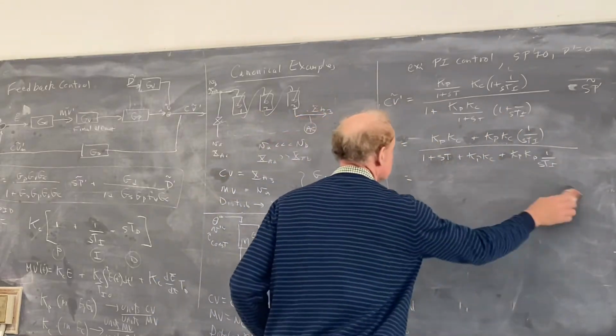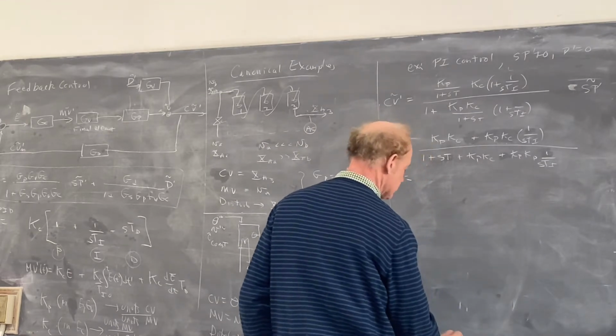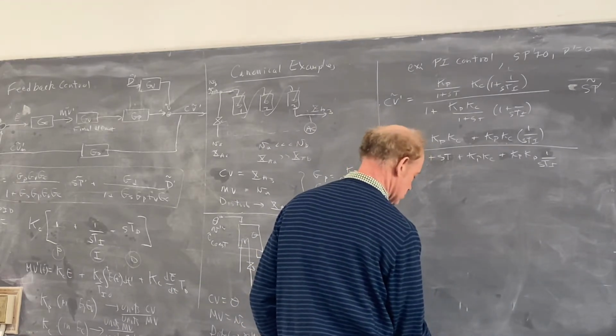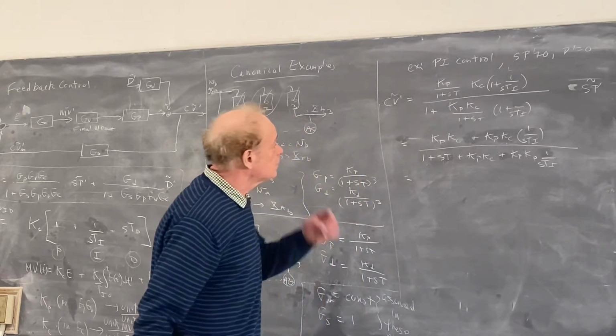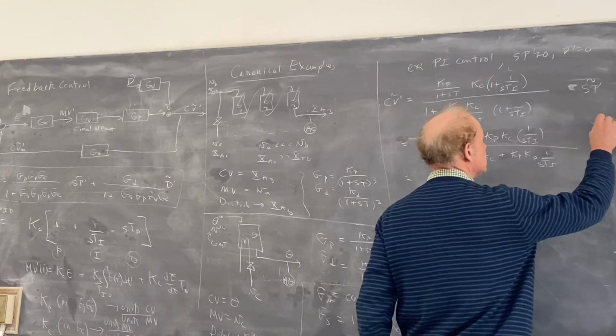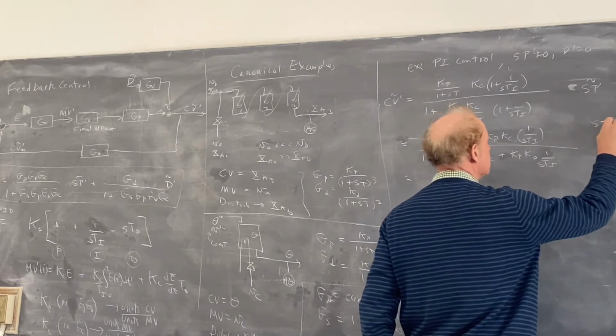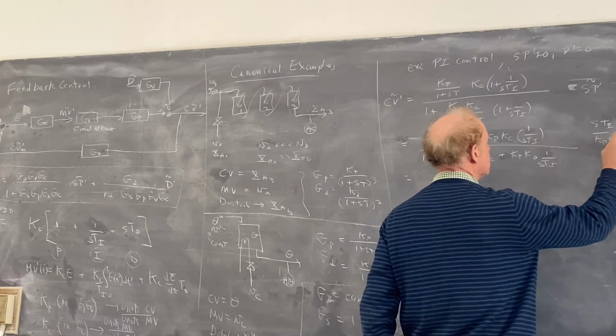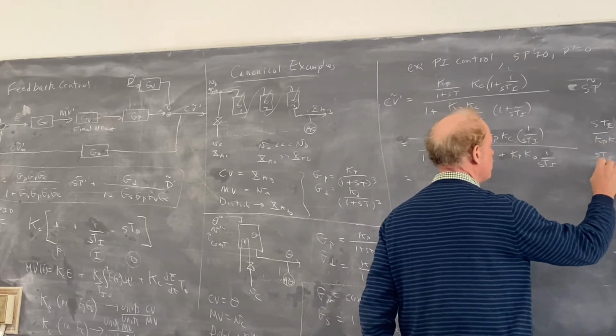So to get to the next step, I'm going to multiply through by S Ti over KP, KC, divided by S Ti over KP, KC.